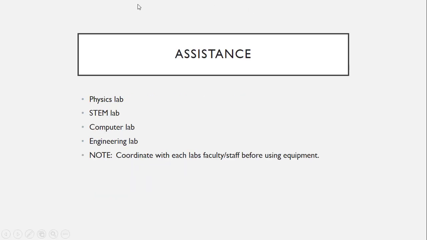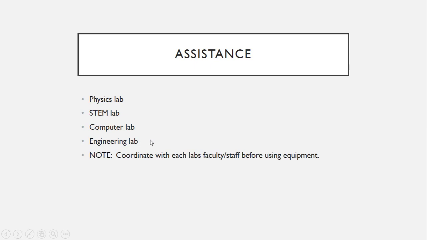Okay. And assistance. Assistance could be taken from the physics lab if you need to. If you don't have particular tools that you need and you want to put in a lot of effort into a particular lab, because the labs are the highest grade of anything in this class, you can go to the STEM lab, all right, for help in your analysis, perhaps. You can go to the computer lab if you need to do that.